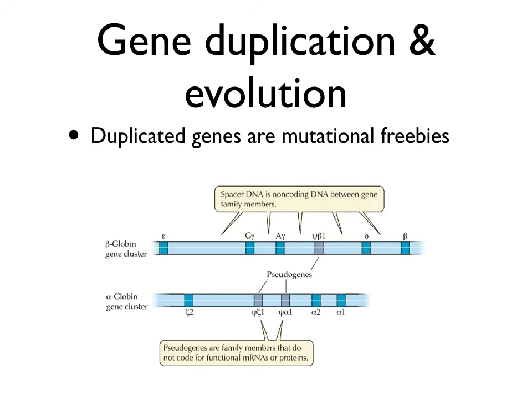What's crazy is you have 6 copies of the beta and 5 copies of the alpha. And so notice that 3 of these, 1 of the betas, 2 of the alphas, are indicated to be pseudogenes. What that means is they don't work. If you make that gene product, it's not a functional beta or a functional alpha subunit of hemoglobin.